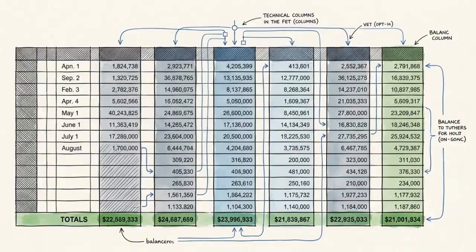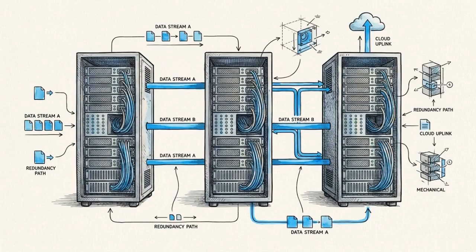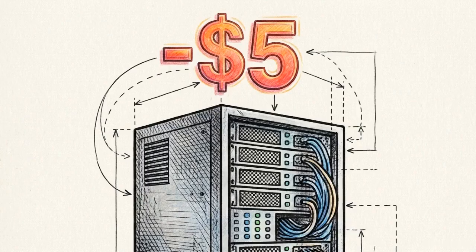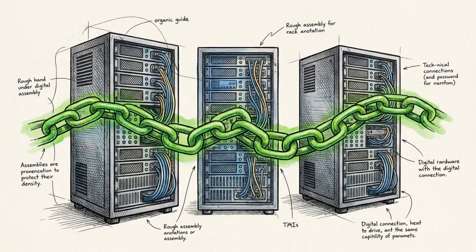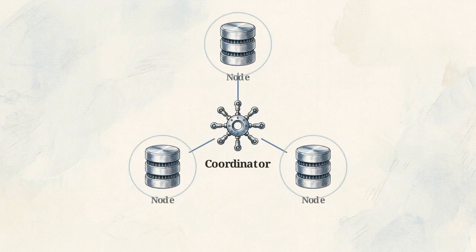The final architectural hurdle is maintaining transaction atomicity across physically separated microservices. You have to deduct the payment, update the inventory, and trigger shipping, all without anything falling out of sync. The traditional solution is the two-phase commit protocol.